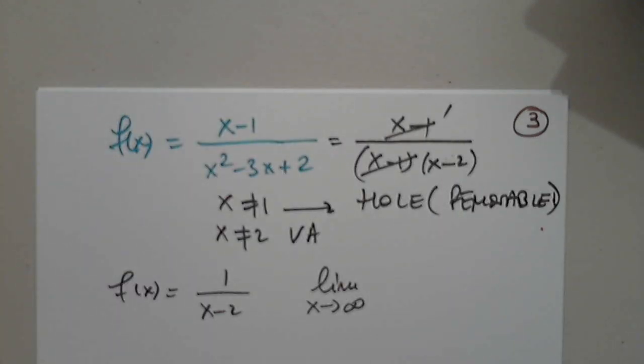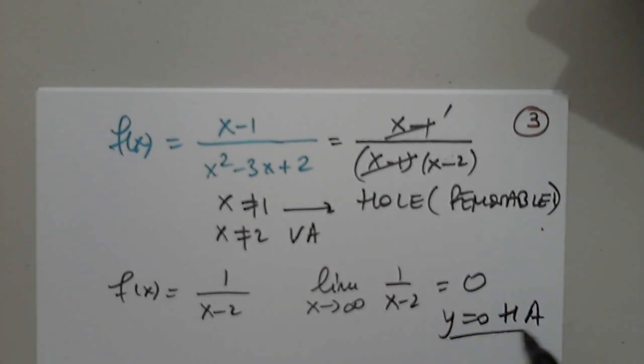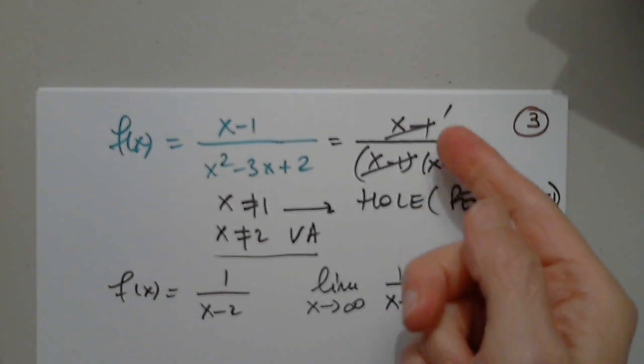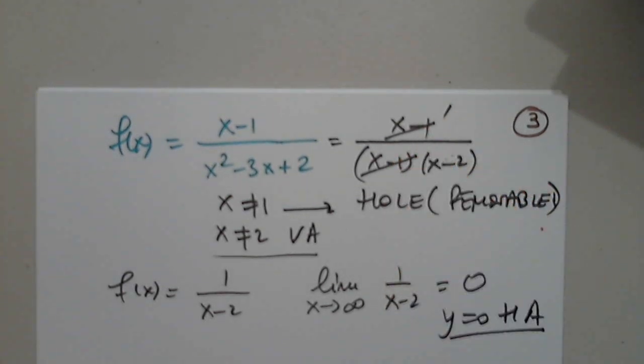Even if I'm not asked to enter it, I still have to find it, of 1 over x minus 2, which we know, small over big, is always 0. So y equals 0 is the horizontal asymptote, and the only vertical asymptote is x equals 2, because the other one is a hole. As long as we remove the factor, that cannot be a vertical asymptote.